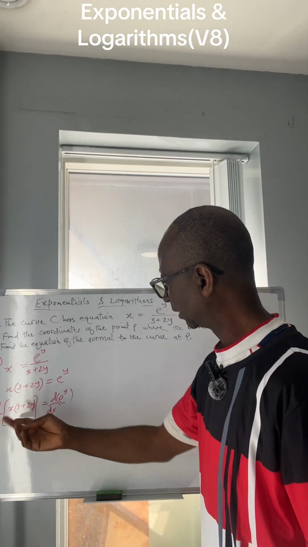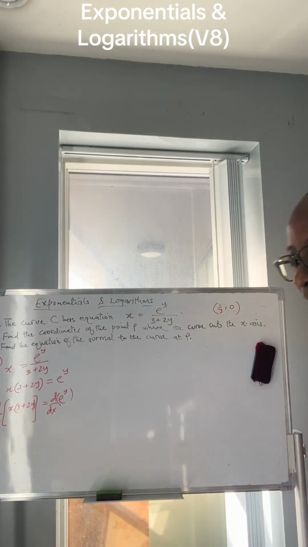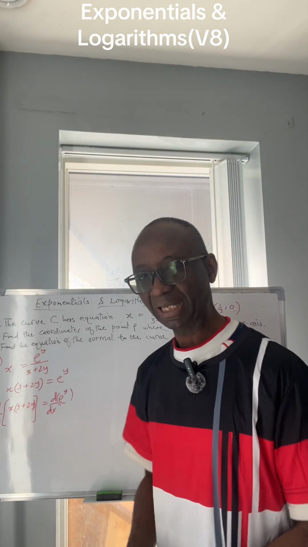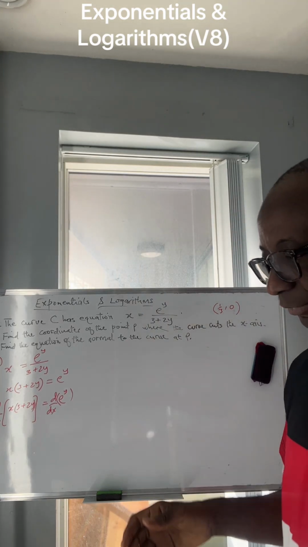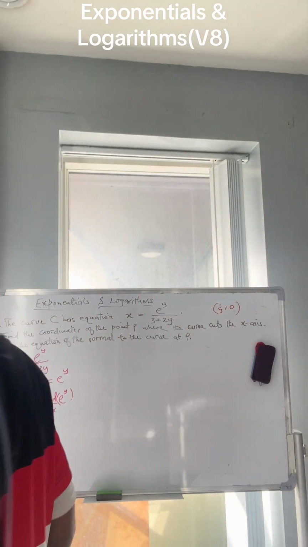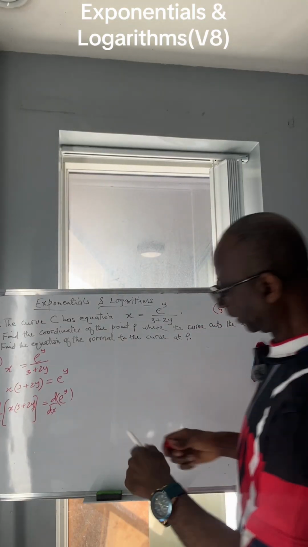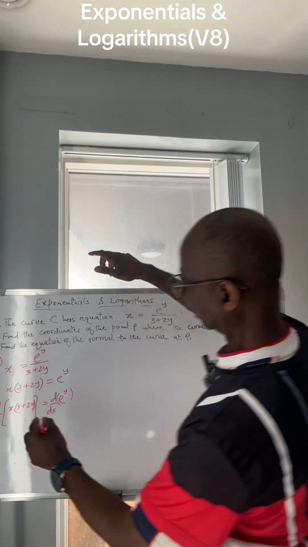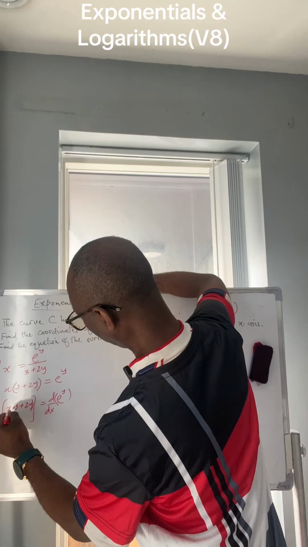This is a product, x times 3 plus 2y. So when you want to differentiate something like this, you know the product rule. The product rule is u dv plus v du. We've covered that.